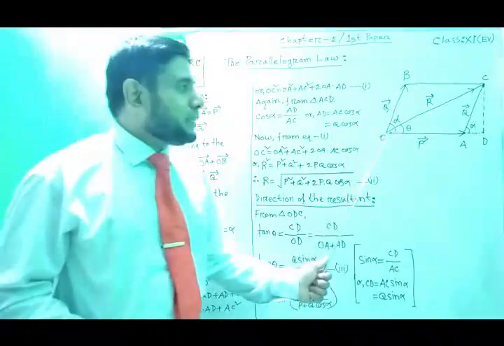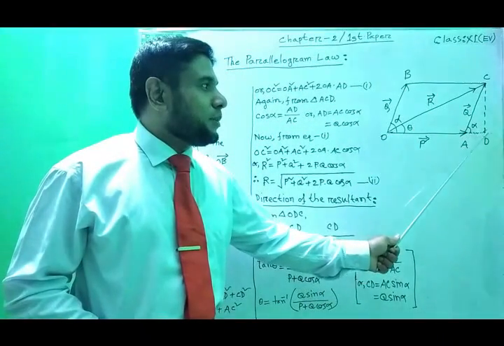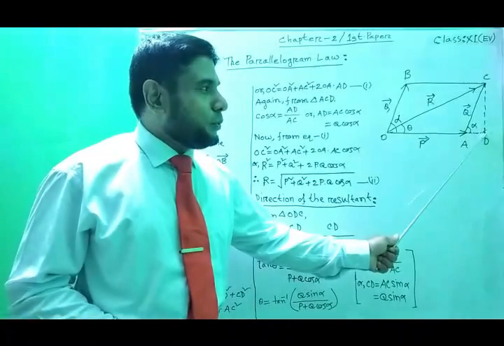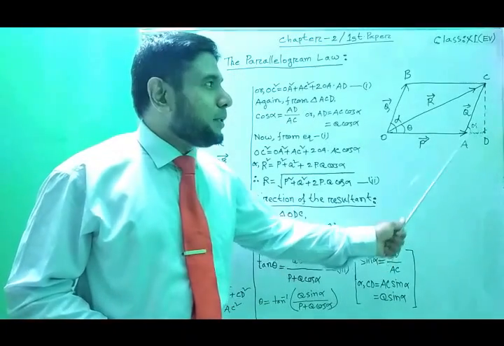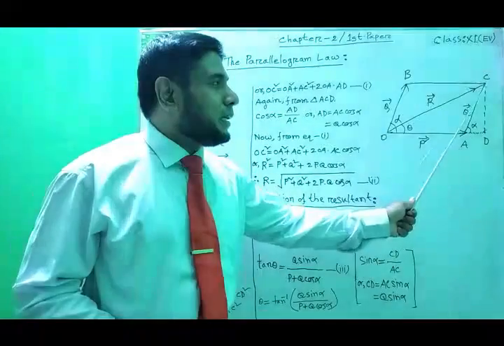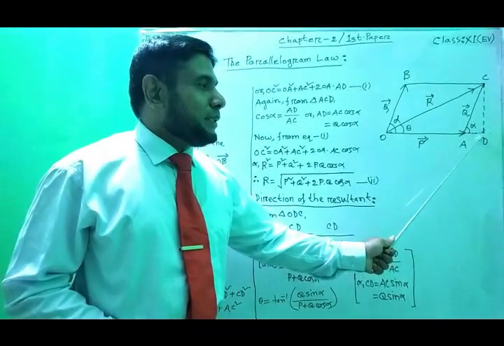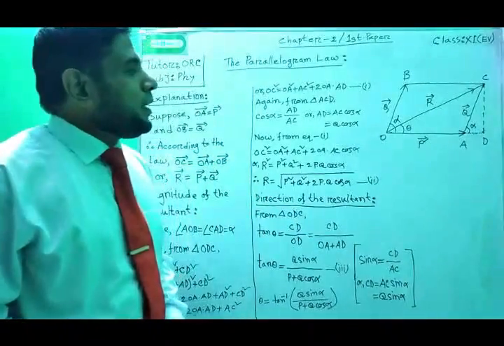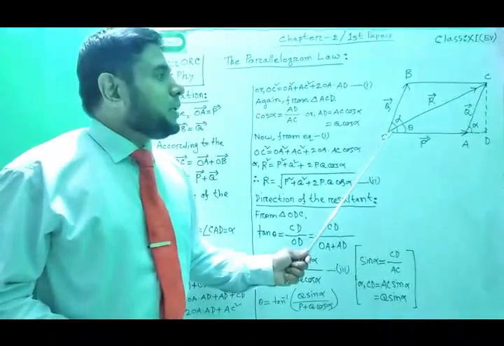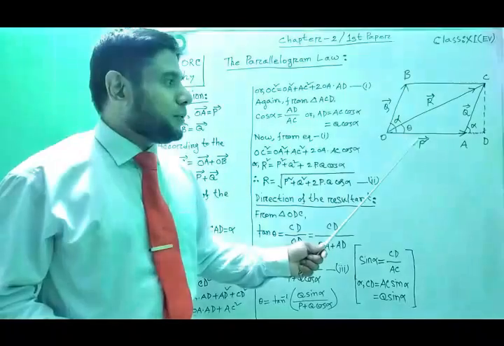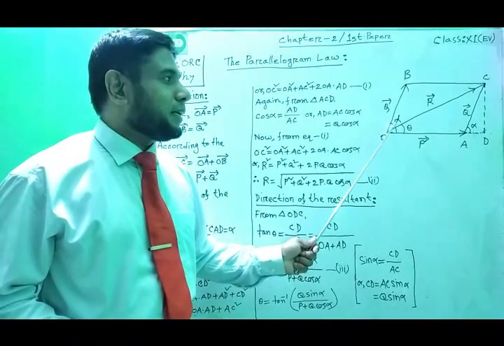We will extend the side OA up to point D. Then from point C we will draw a perpendicular to D, and here the perpendicular is CD. And we have selected the angle between vector P and vector Q as alpha.